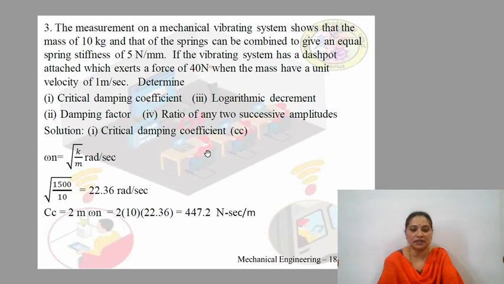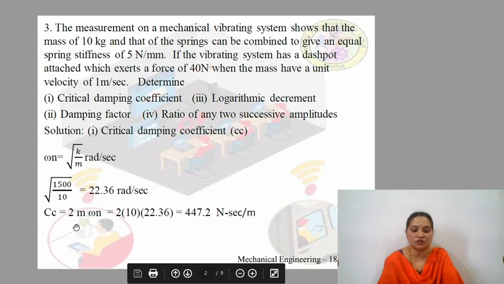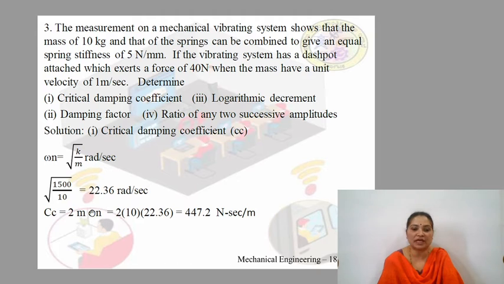coefficient. So we know that Cc is equal to 2m omega n, but since we do not know the value of omega n, it can be found out as the square root of k by m radians per second. Now substituting the value of k and the value of m, we can find out the value of omega n, that is 22.36 radians per second.